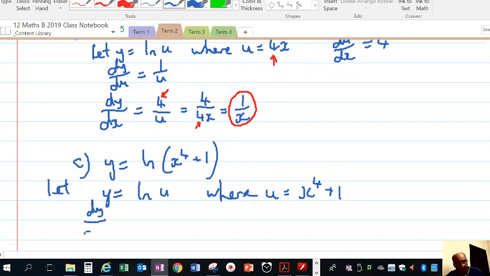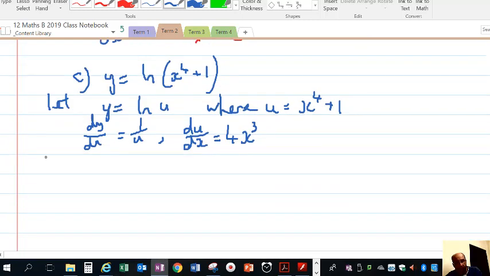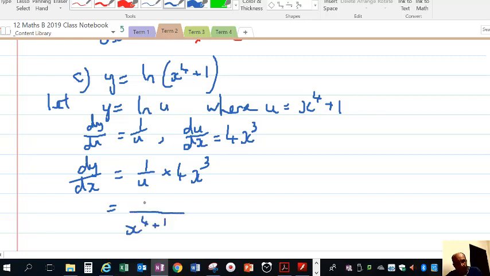So dy du is 1 on u, and du dx is 4x cubed, and dy dx using the full chain rule now is dy du, which is 1 on u, times 4x cubed, which is du dx, unsubstitute, and we've got 4x cubed over x to the fourth plus 1.